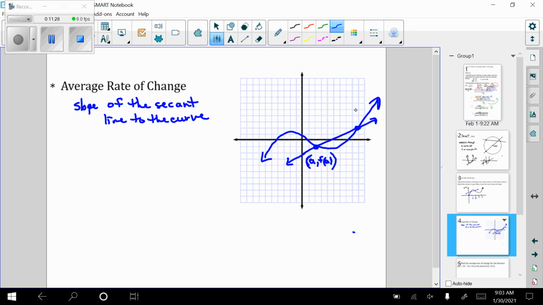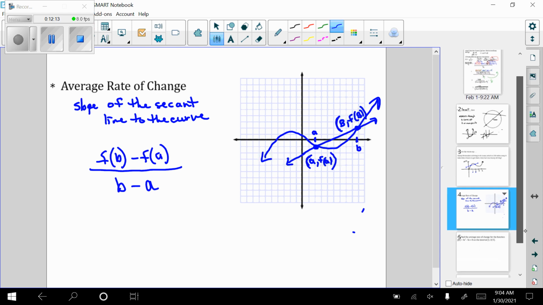We'll call this one over here point B. This one would be B and F of B. Now, if you think about the world of slope, change in Y over change in X, then all I'm doing here is F of B minus F of A, which is your change in your Y values, over B minus A. So now you can find the slope of a secant line, the average rate of change between 2 points on a graph.